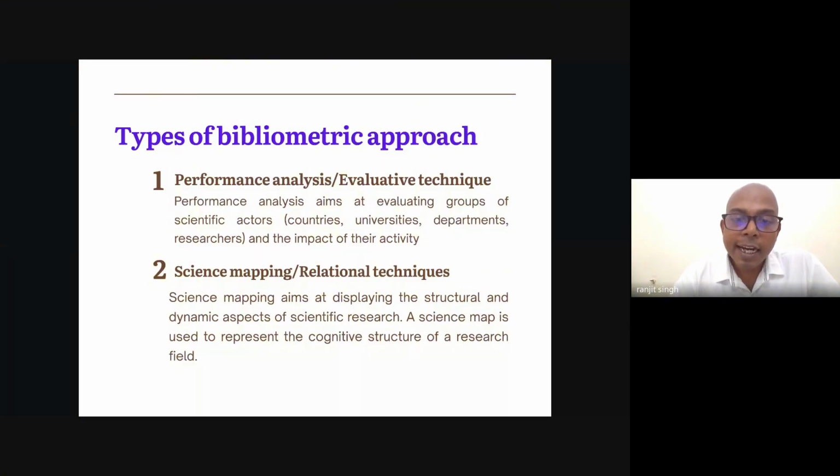That is why it is called the relational technique. Generally these relational techniques are used to map the intellectual structure, collaboration structure, and cognitive structure of the field. And this can be done through keyword co-occurrence analysis, coupling analysis, co-citation analysis, and collaboration analysis.